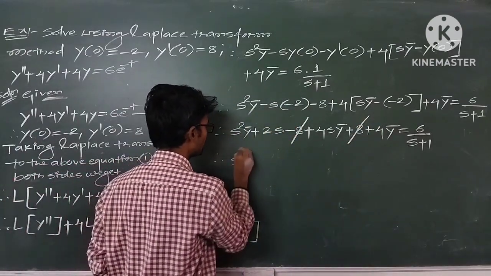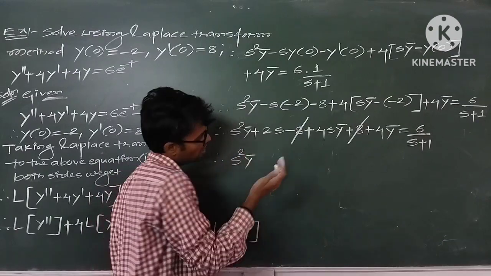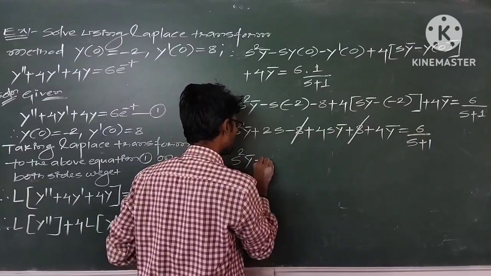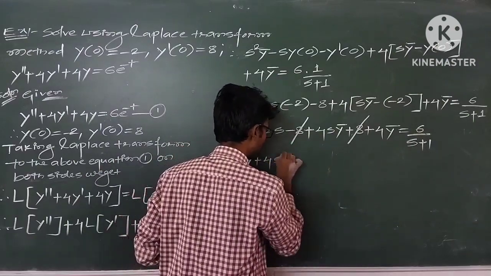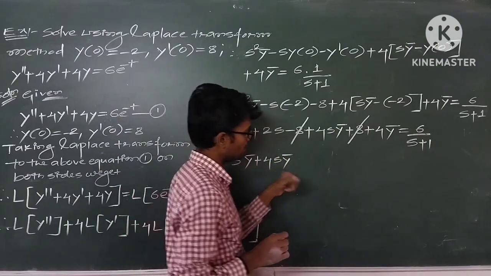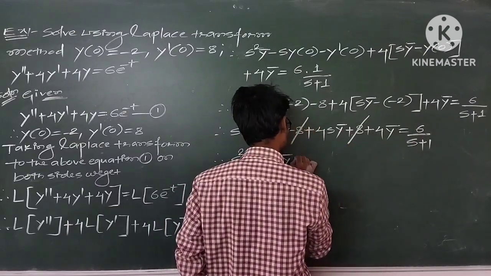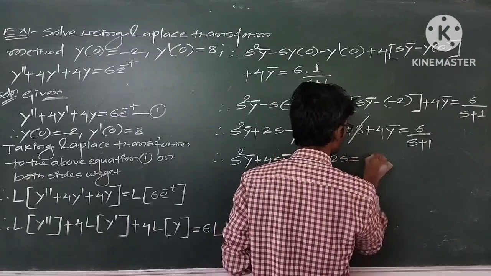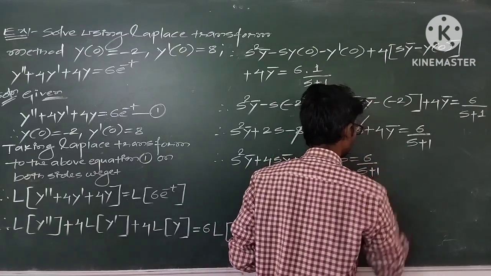So therefore I will write s square y bar, all the y bar I will write together: s square y bar plus 4s y bar plus 4 y bar and plus 2s is equal to 6 divided by s plus 1.